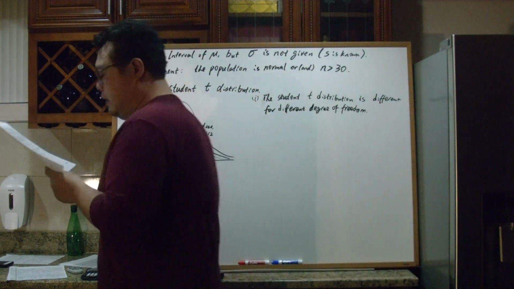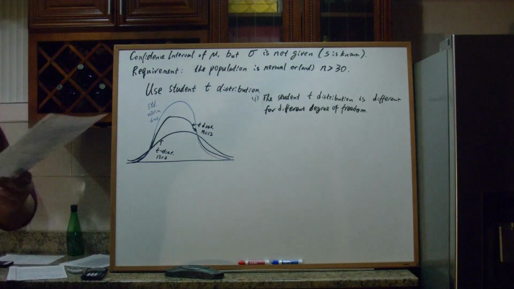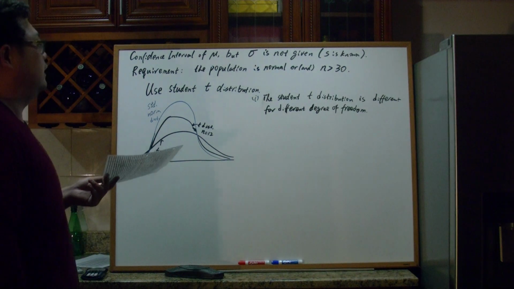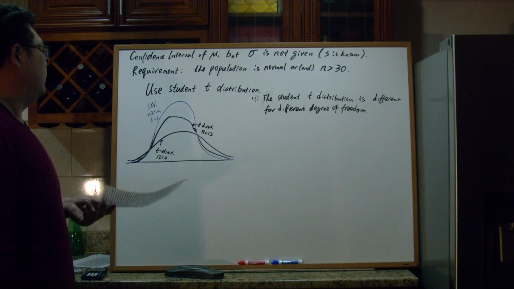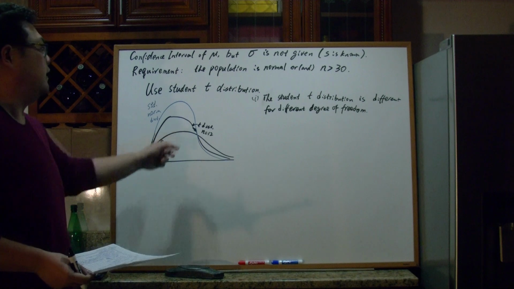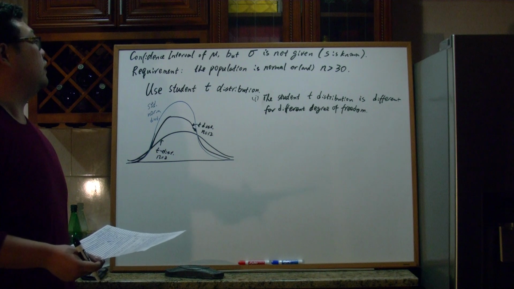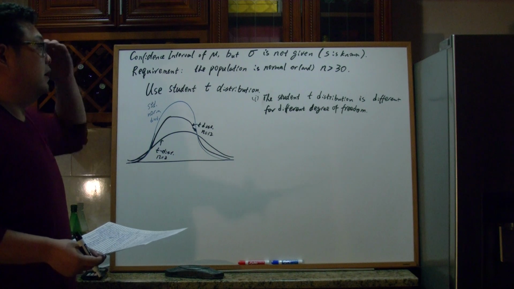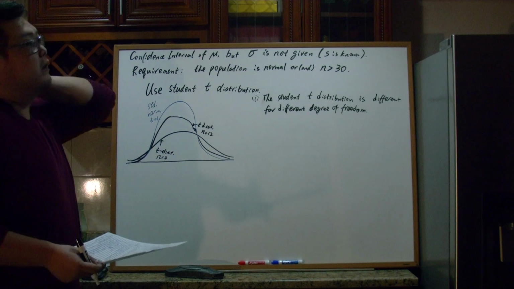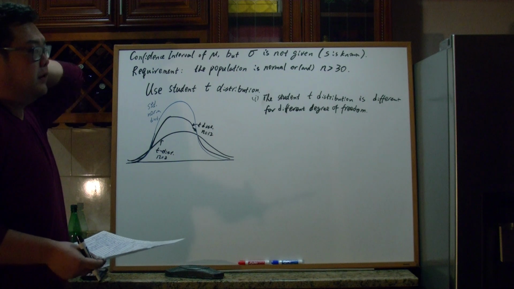Right, the student t-distribution is different for different degrees of freedom. If the sample size is n, the degree of freedom is n minus 1, since we use the sample mean and sample standard deviation.